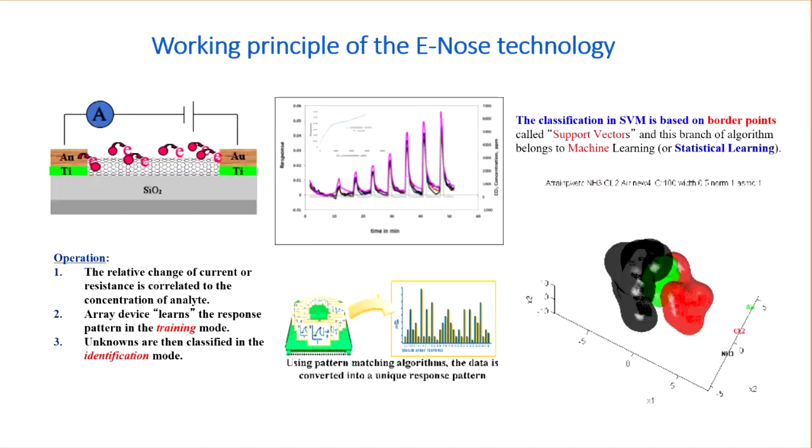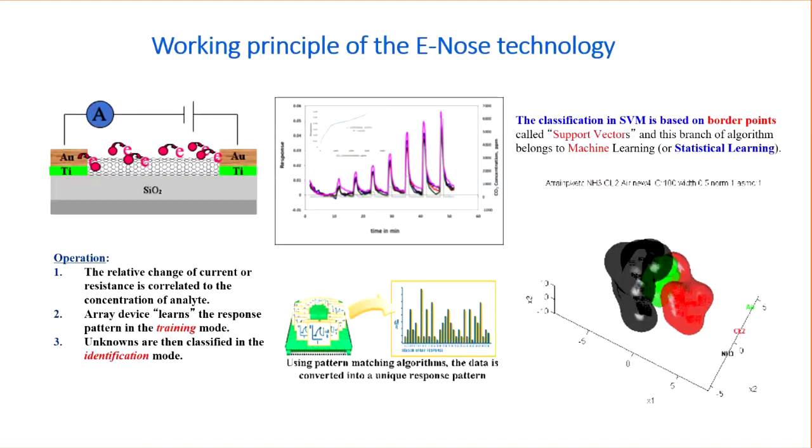When they attach to the surface of the carbon nanotubes, a charge transfer interaction occurs, and that charge transfer interaction can cause the conductivity change of the materials. Therefore, we measure the resistance change as our sensor signal.